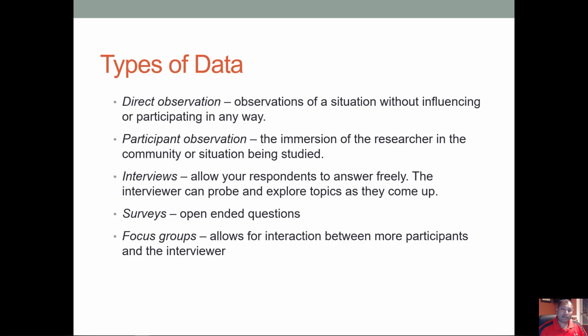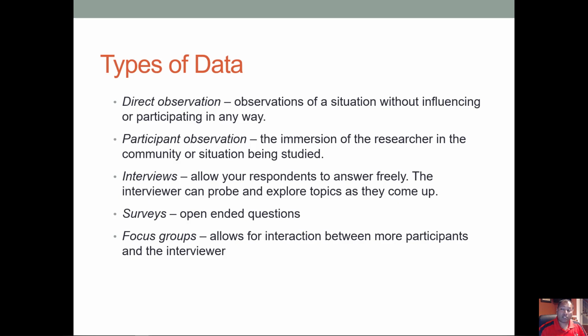But for the qualitative data, generally we have to read and code and do data mining and do word searches, etc. So basically we do direct observations when we are getting that qualitative data, observations of a situation without influencing or participating in any way. So we're truly letting everything play out by itself in the normal conditions.